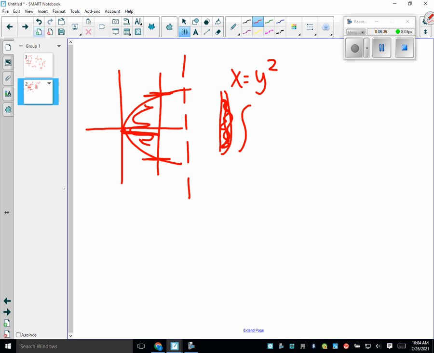Now, this is x equals 4. If x equals 4, what is y? 0. No, x is 4.